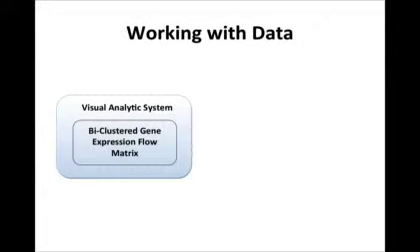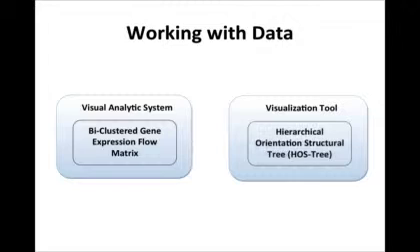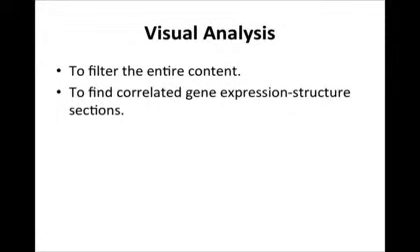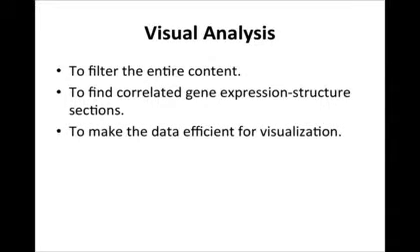To achieve our goal to answer all contest questions, we first build our visual analytic system to implement a one-time data processing, and then use a visualization tool to present the patterns and hence to answer the questions. Visual analysis. The goal of visual analysis is to filter the entire content, to find the correlated gene expression structure sections, and to make the data efficient for visualization.